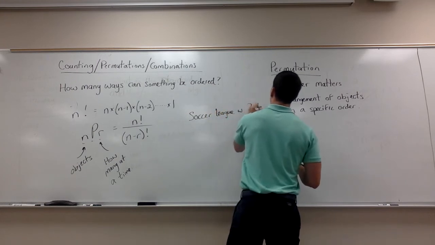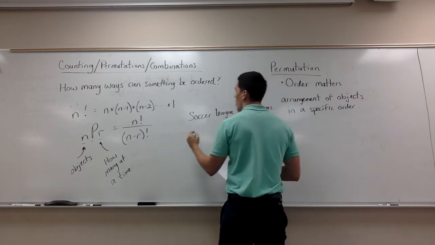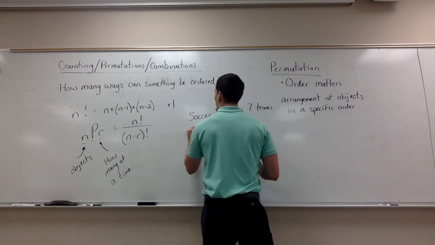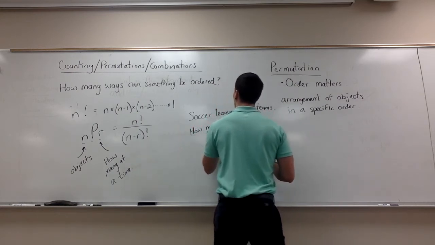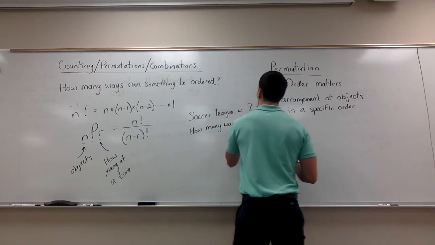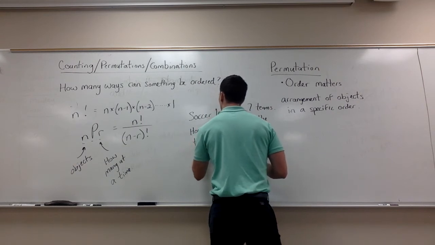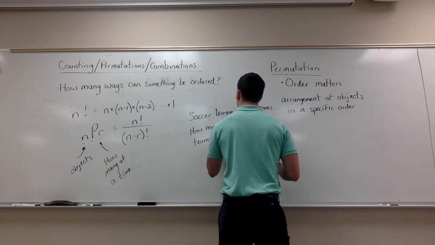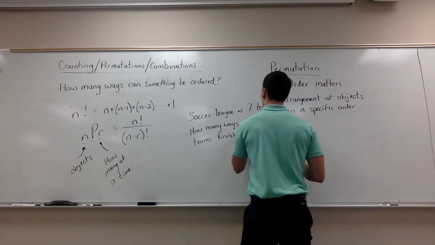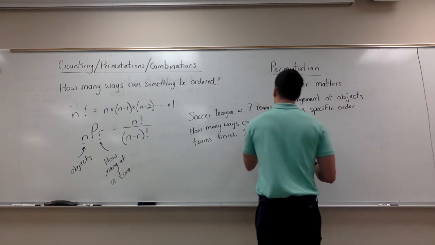Okay, so let's say, for example, that we have a soccer league with 7 teams. And the question is, how many ways can the teams finish first, second, and third?